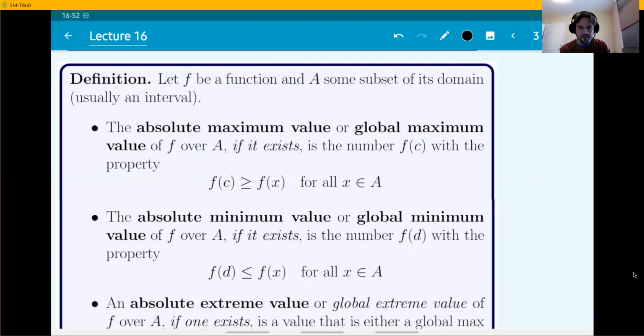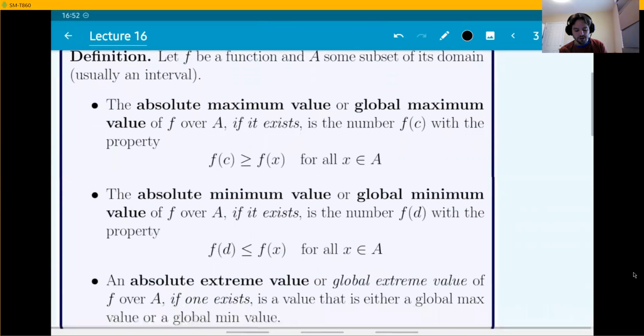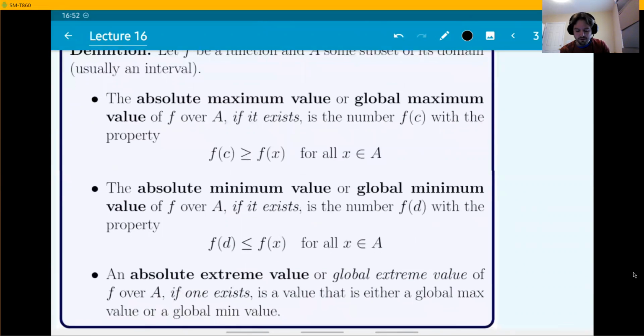Let f be a function, let A be some subset of the domain, which is usually going to be an interval. What we're going to be calling the global maximum value of the function over A, if it exists, is the number, the value f of c, with the property that it is larger than or at least equal to any other f of x for x in this set A. It is exactly what the name says.